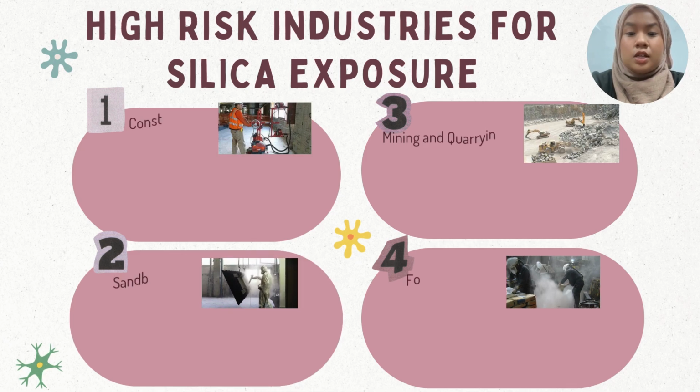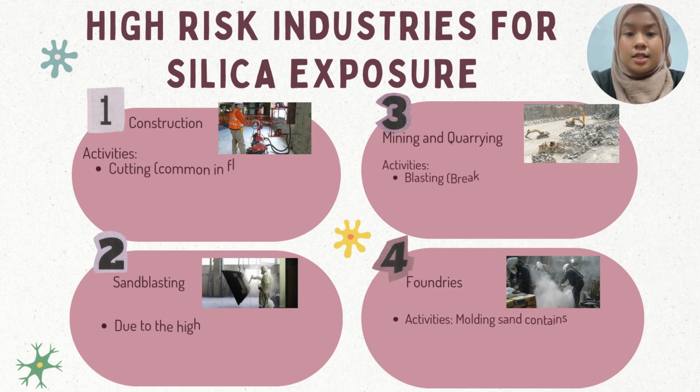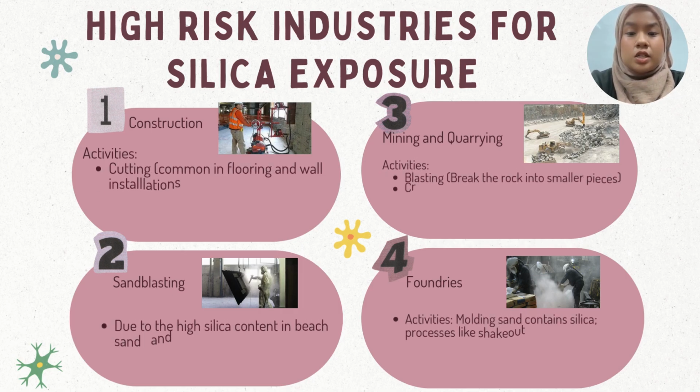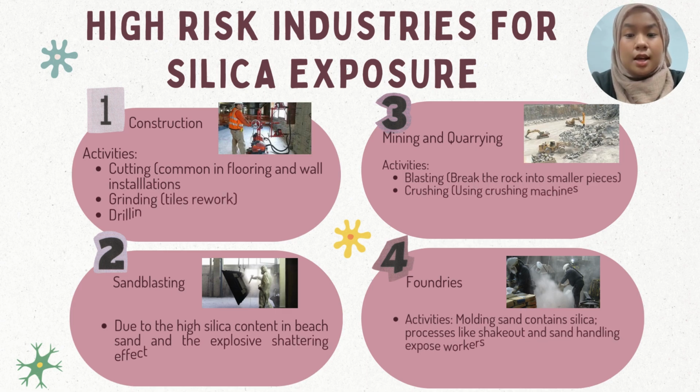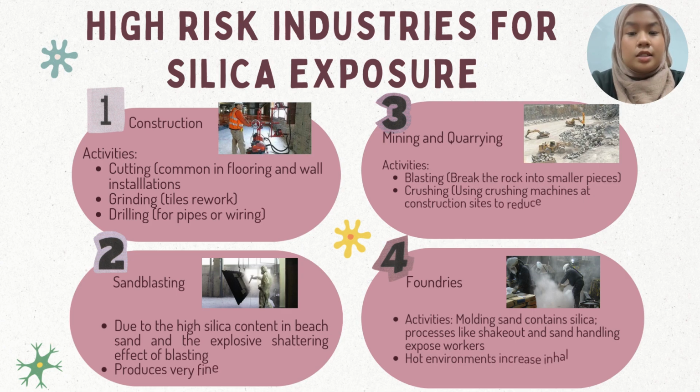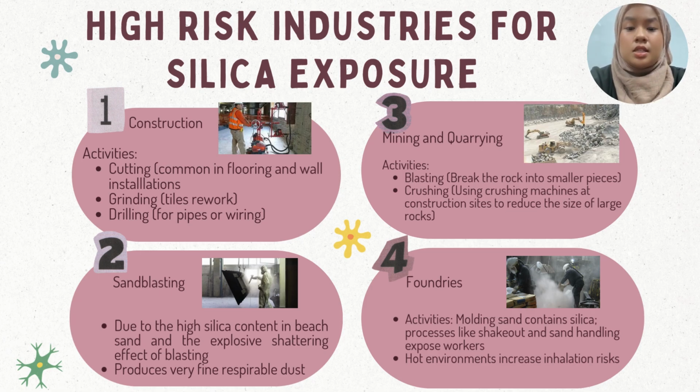There are several industries where workers are at high risk of inhaling silica dust. First is construction. Activities like cutting tiles, grinding concrete, and drilling walls or floors can release a large amount of dust. Second is sandblasting, which uses high-pressure air to clean or etch surfaces. Since beach sand contains high silica content, it produces extremely fine dust that is easy to inhale.